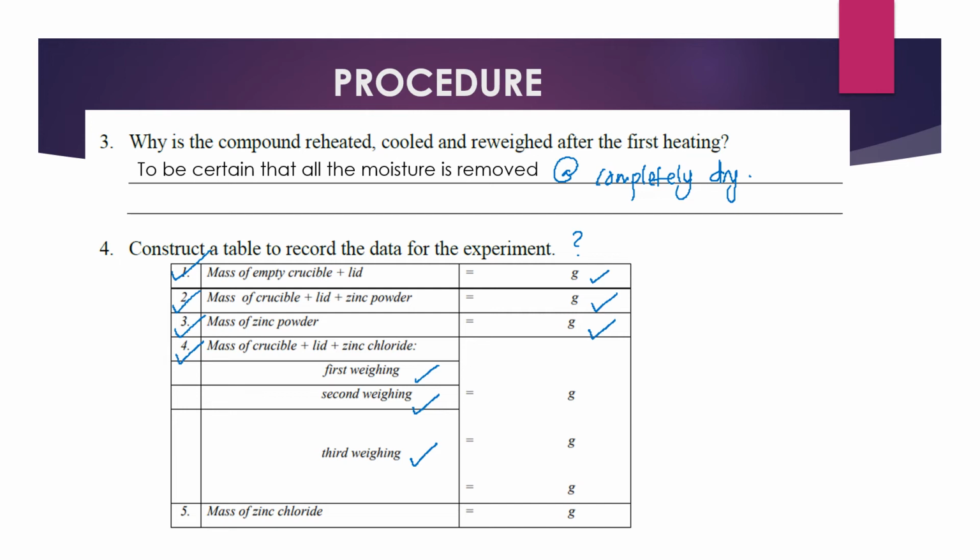If you only have 2 times, you just write the data for the first weighing and the second weighing. Number 5, you must write mass of zinc chloride and also in gram unit.